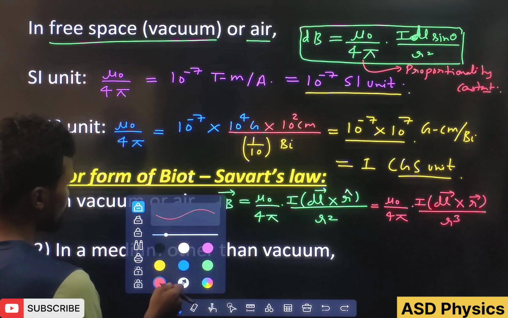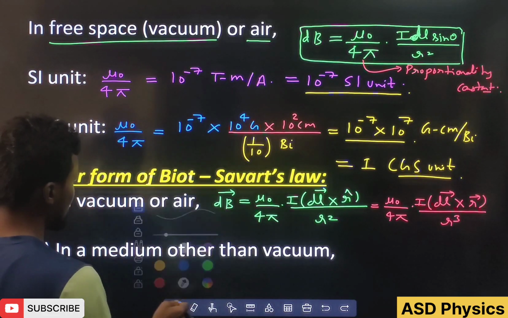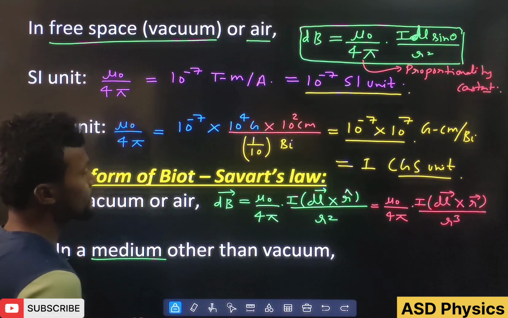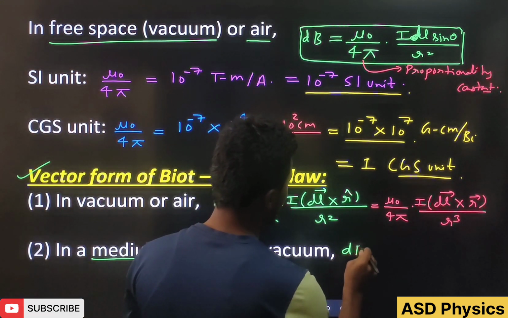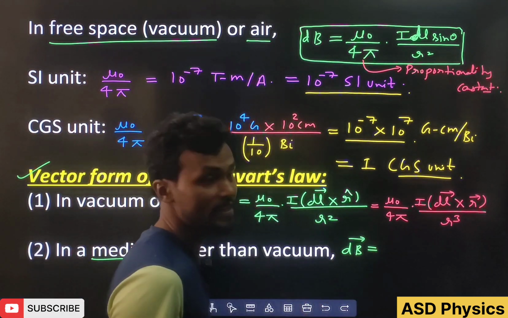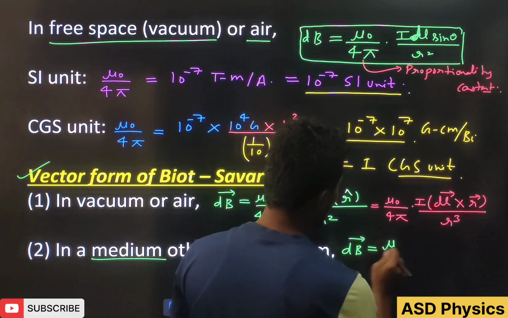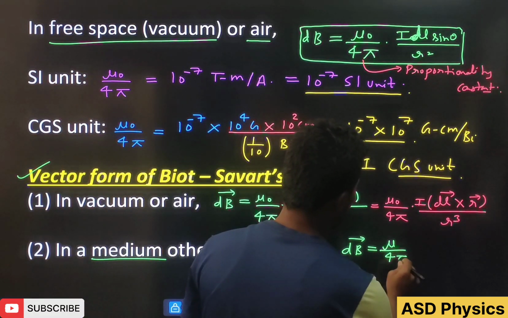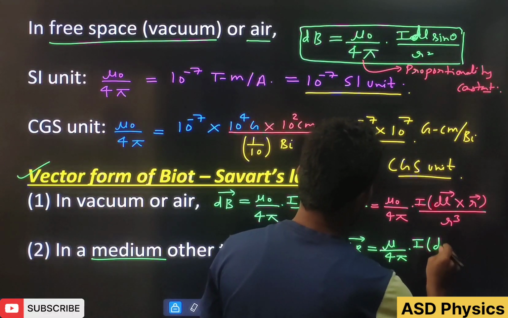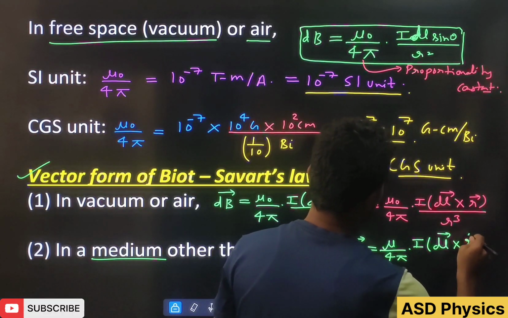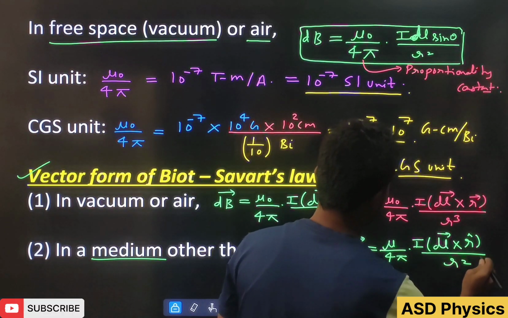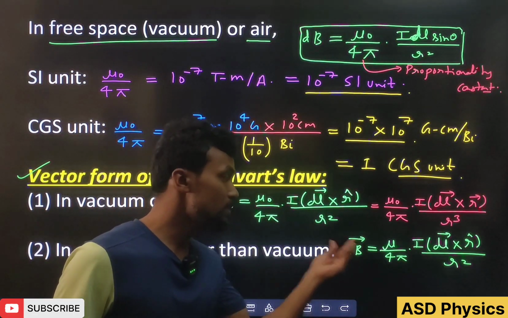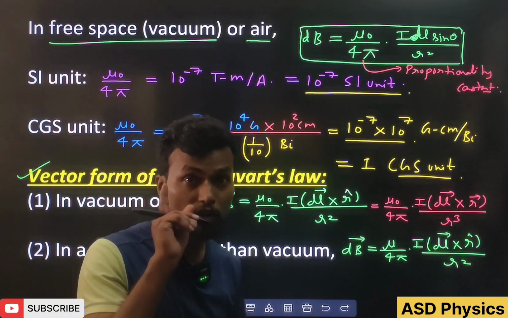Similarly, if this current carrying conductor is placed in some medium other than vacuum, then dB equals, instead of mu naught, just mu by 4 pi into I dl cross r cap by r square. So in vacuum or air it is mu naught, but in some medium, instead of mu naught, I write mu. And what is mu?